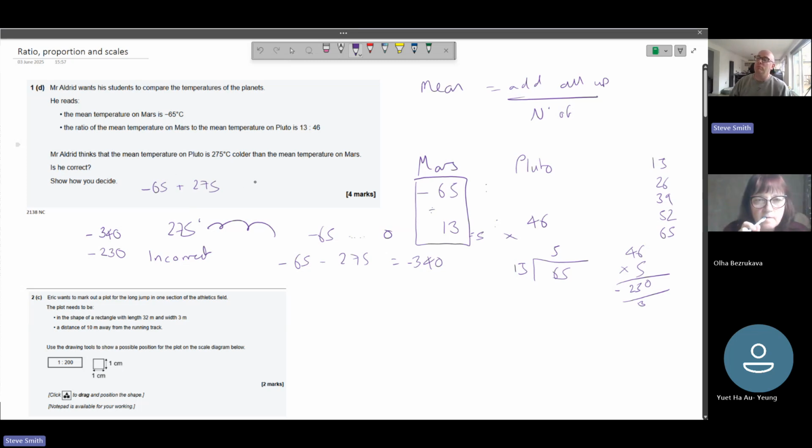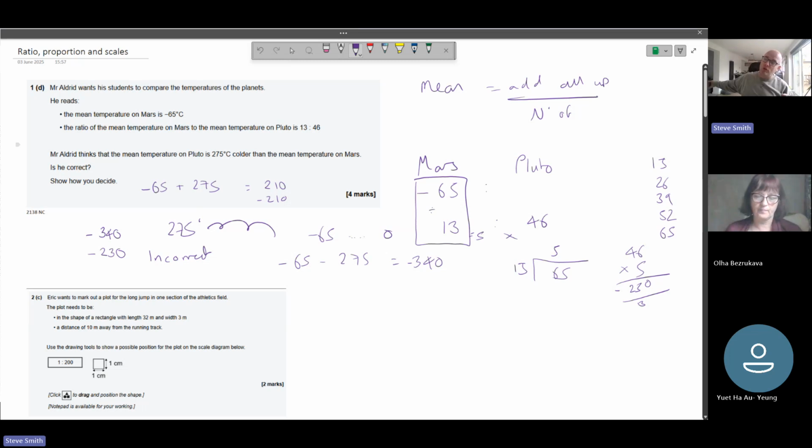So they might have got a number of 210. I think, oh yeah, that's close, but that's not right. Or they might have just added those two together and made it into minus 210. So it's important here that when he said he thinks it's colder than, it means it's going further away from zero.